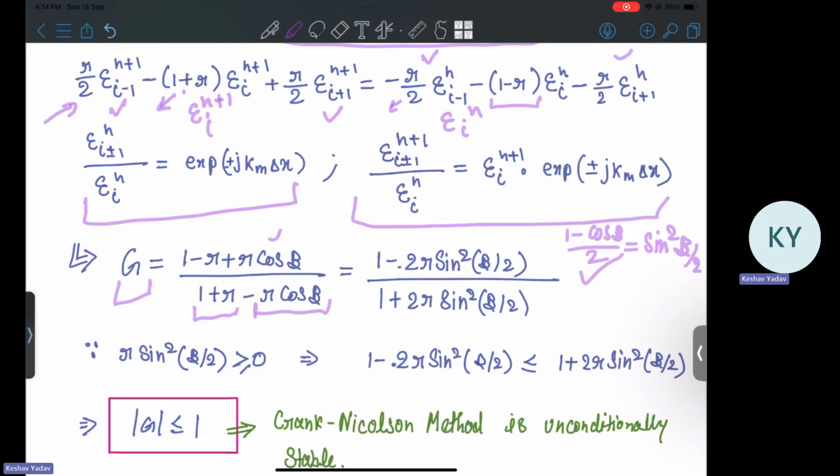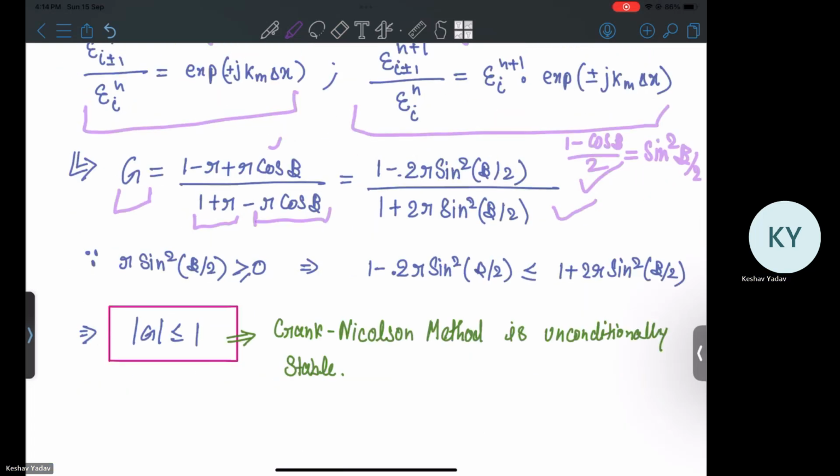This is the formula we are using. Okay, so this is the expression we have got. Now if you see, this R sine square beta by 2 will always be positive.